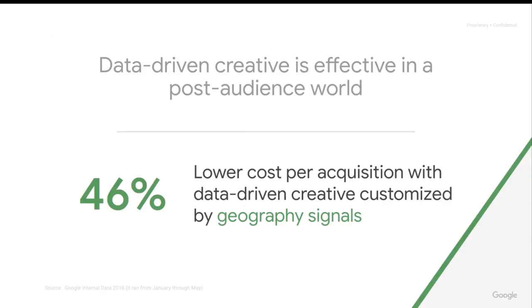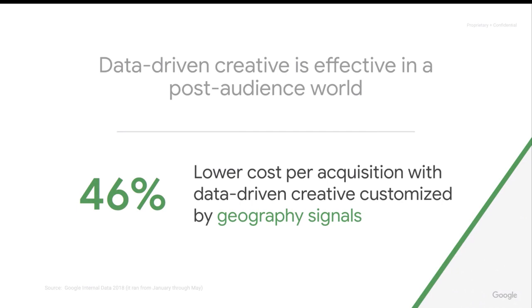Data-driven creatives are extremely important in the way you engage with your clients. The basic principle is that you're showing them a customized or tailored version of a message that is meant specifically for them. While we have a lot of ways of building data-driven creatives, and you can incorporate signals such as audience signals, geography signals, and schedule your creatives to run at a certain time, we wanted to see what happens when you incorporate a very basic signal like geography.